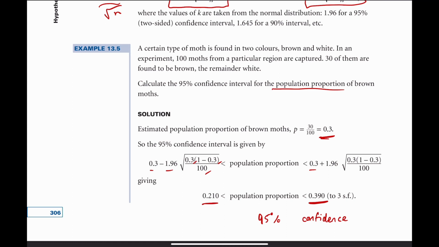Your estimated calculation is 0.3 based upon your sample, but your sample is not necessarily accurate because you don't have the full data. So you're creating a 95% confidence region where you believe the actual probability would lie. The probability of a brown moth could actually be 0.25, but you are 95% confident it's going to be between this value and this value.